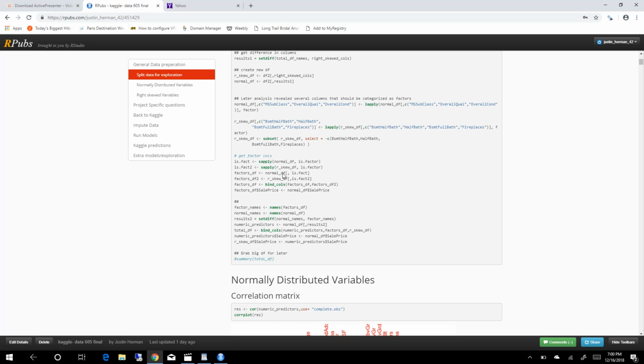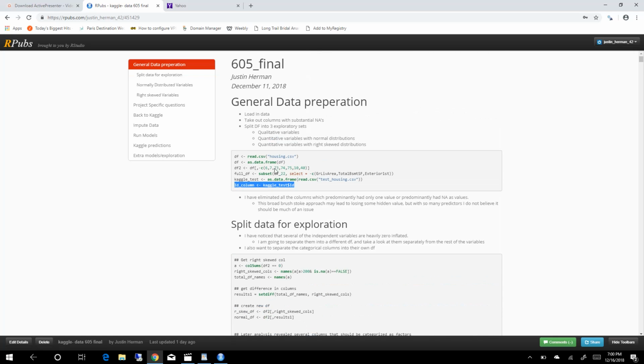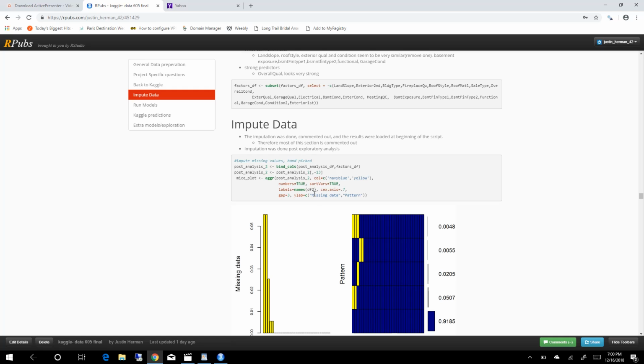I don't see it here, so perhaps I actually set echo equals false. But anyway, that's where it is, with the packages. I loaded in these imputed data frames so that you don't have to keep running this.